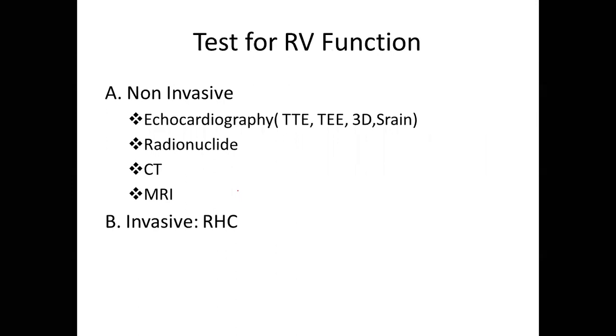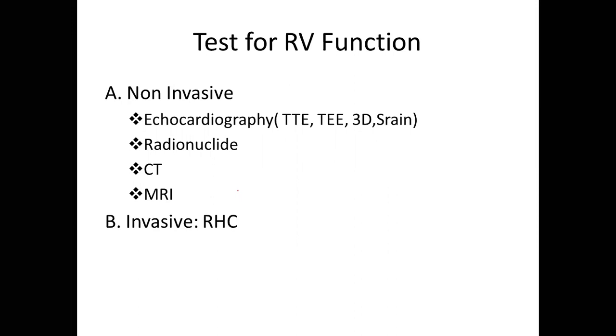Okay. So what are the tests for RV function? There is no such ideal test, especially in clinical utility. So we will use our clinical judgment and integration of the findings of different tests. We can classify them basically into two, non-invasive and invasive.